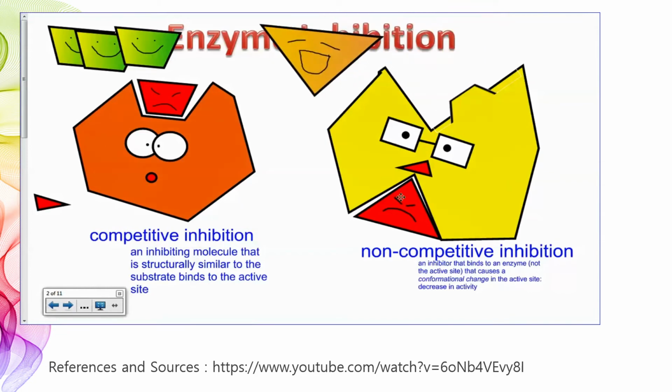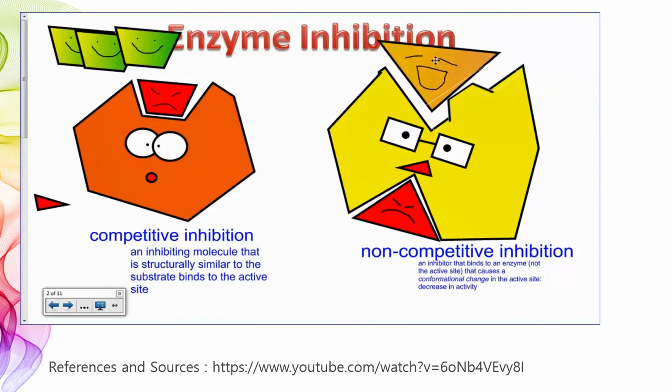So because of this guy binding here at a site that is not the active site, that's very important. This inhibitor in non-competitive inhibition binds to a site that is not the active site, and as a result of binding causes a conformational change to the structure of the active site, and now the normal substrate cannot actually go in and bind.